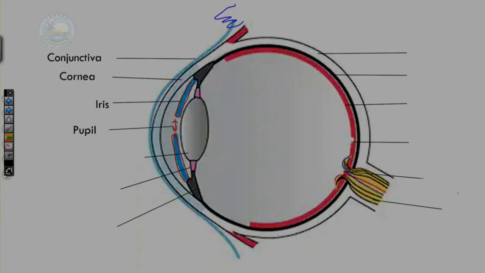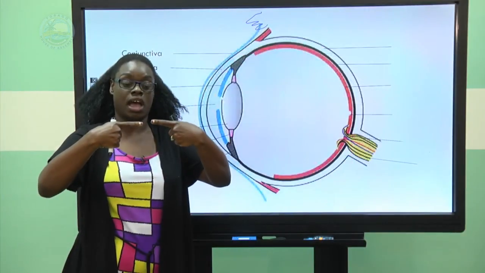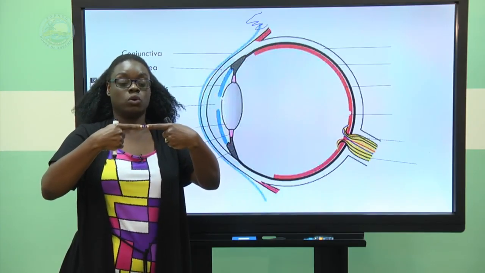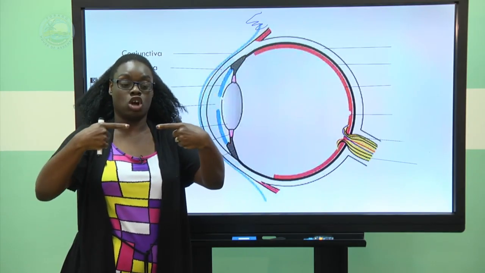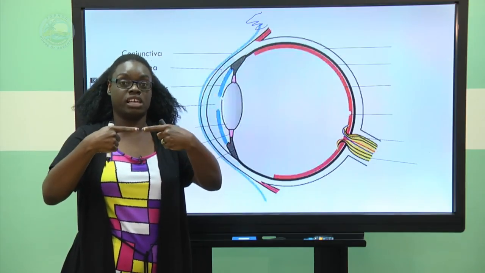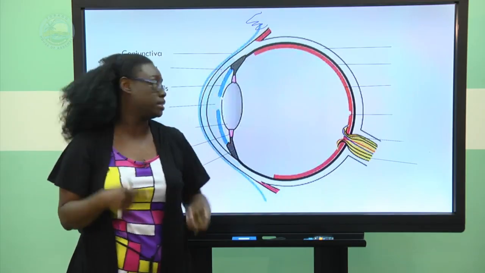So the pupil lets light into the eye. If you were to look at my fingers, imagine that my index fingers are the iris, and the space between them is the pupil. The iris controls the amount of light that enters the eye, and the space here just allows light to get in.